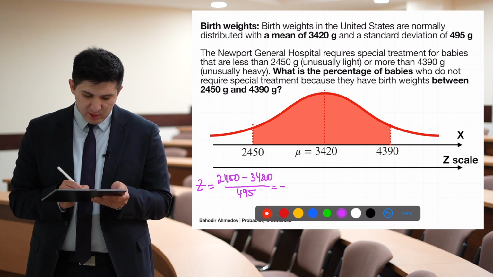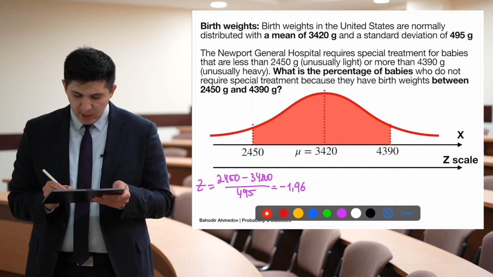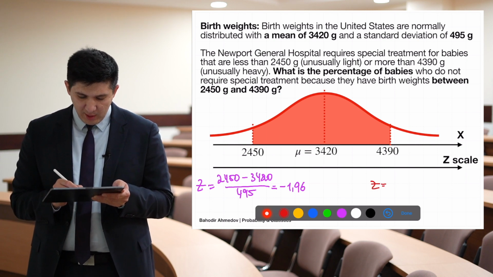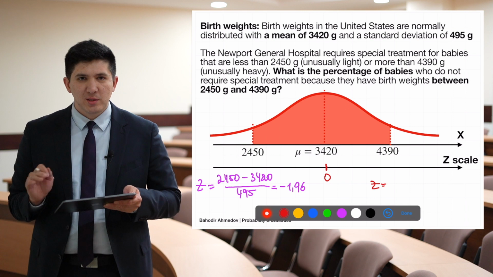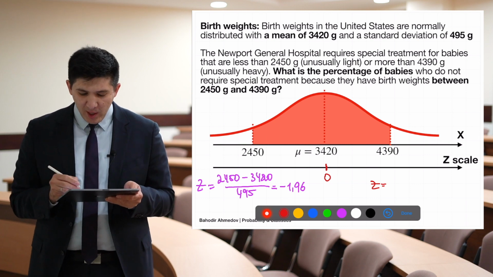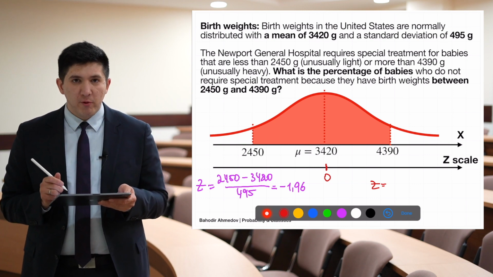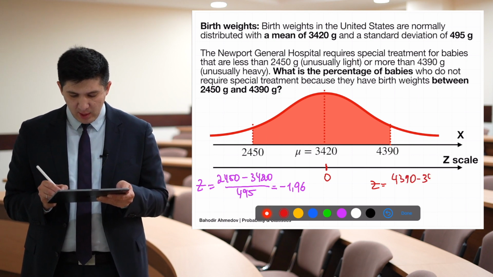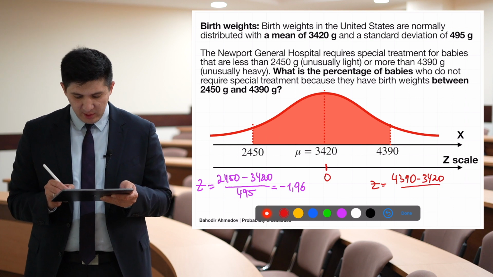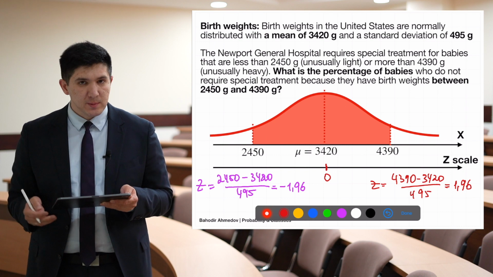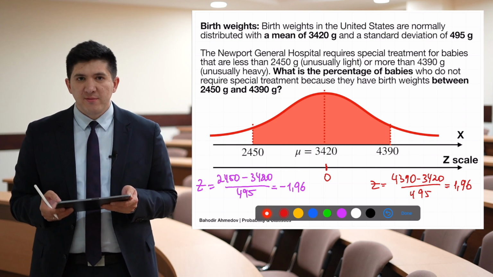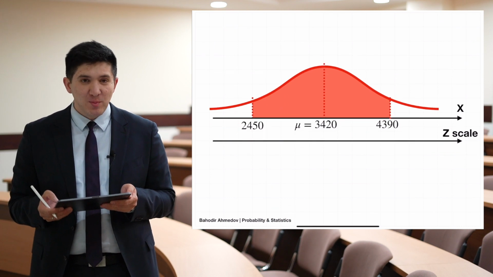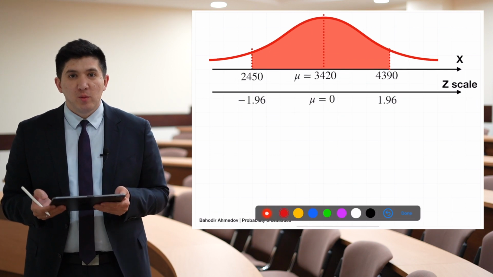And if you calculate it, it's going to be minus 1.96. And the z-score for the mean is simply 0, right? Because you subtract the mean, it's going to be 0. So the z-score for 4,390 is 4,390 minus 3,420 divided by 495, which is 1.96.